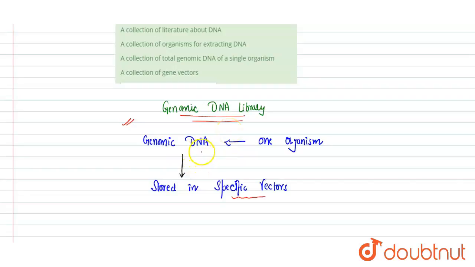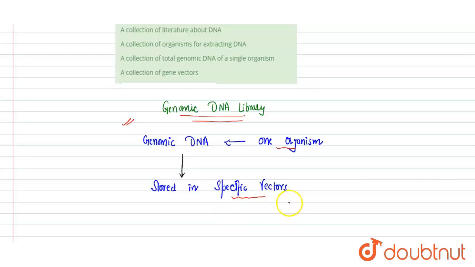Genomic DNA is isolated from the organism for which the genomic DNA library has to be made, using restriction endonucleases. Then a single insert is inserted into a single vector, and these vectors are multiplied in the host cells to get multiple copies.